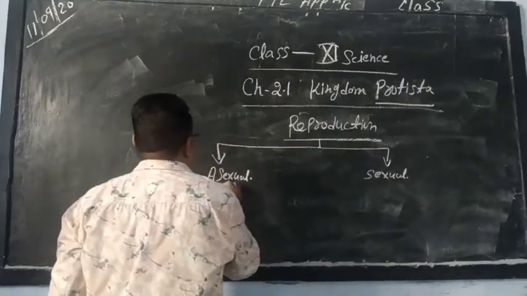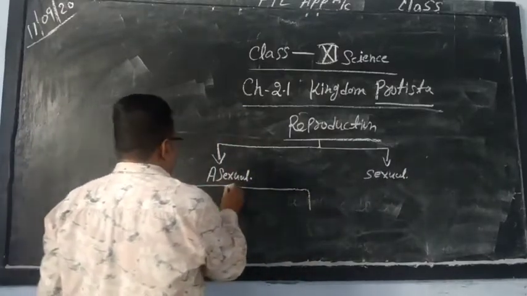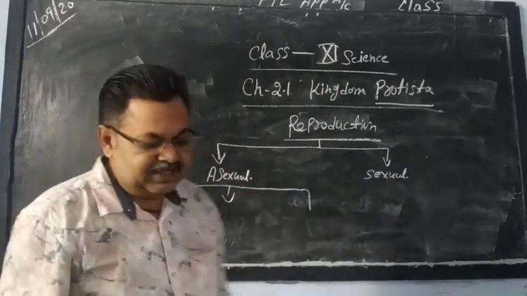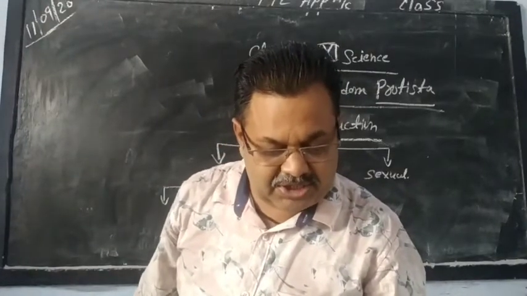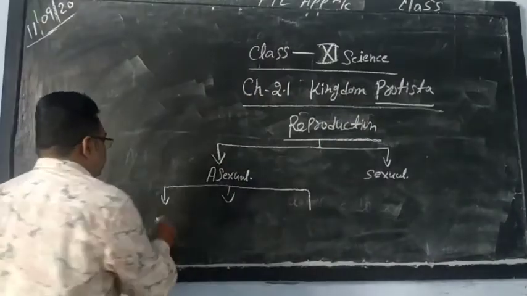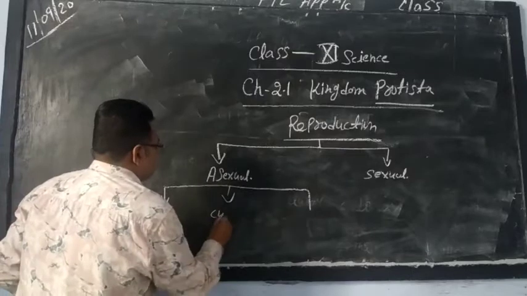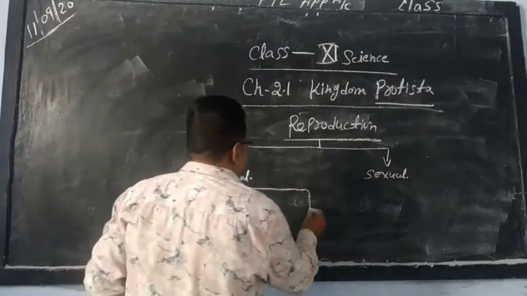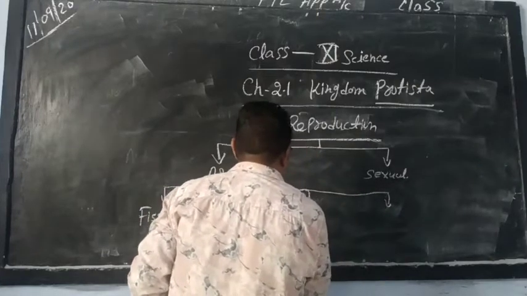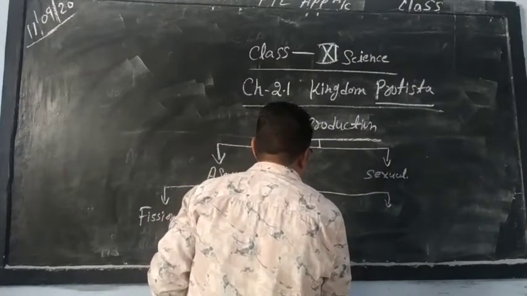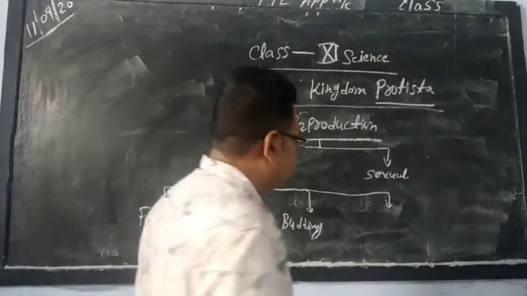In the asexual type of reproduction, the methods are fission, cyst formation, budding, and spore formation.